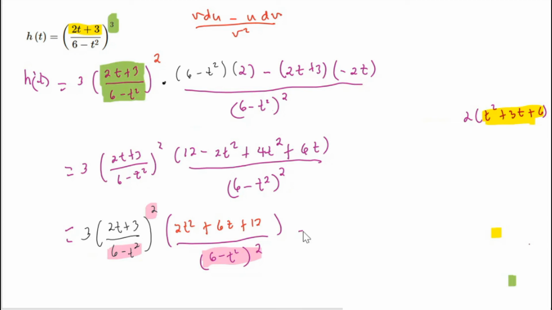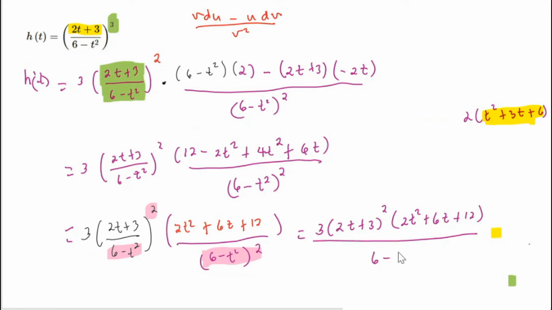If you want to simplify it further, our answer becomes 3 times the quantity (2t + 3) to the power of 2 times (2t² + 6t + 12) all over (6 - t²) to the power of 4. Why is it 4? Because the power here is 2 and the power of this 6 - t² is also 2.